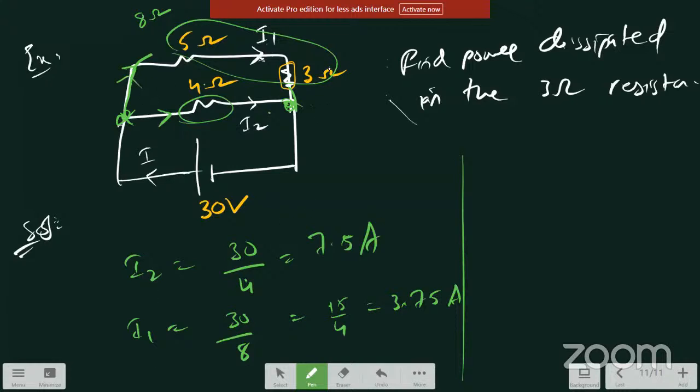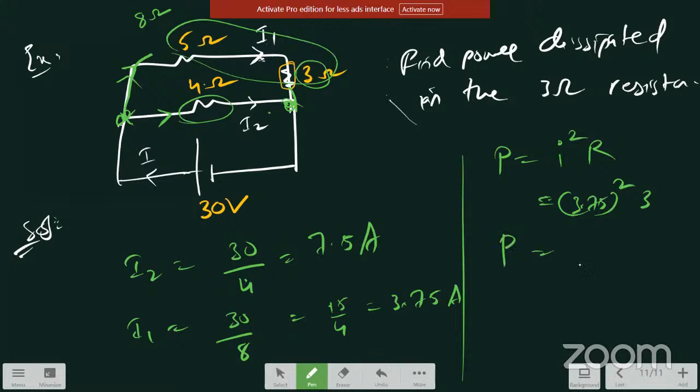And what is the power dissipated across this resistance? I know power is I squared into R, right? The I value is found out to be 3.75, so 3.75 squared into 3. You'll get the value how much?